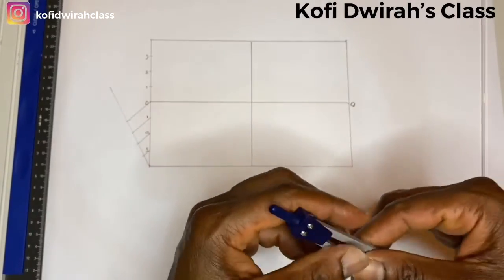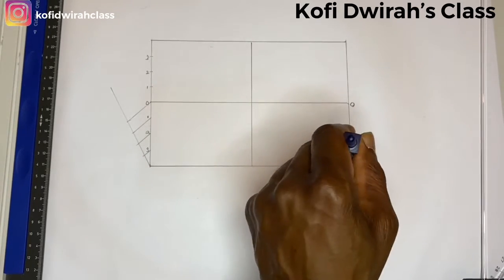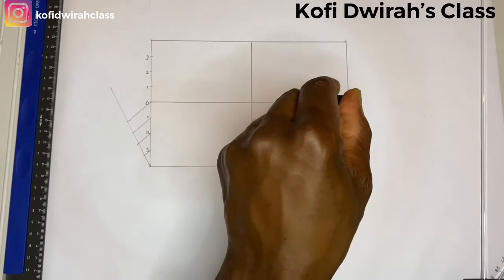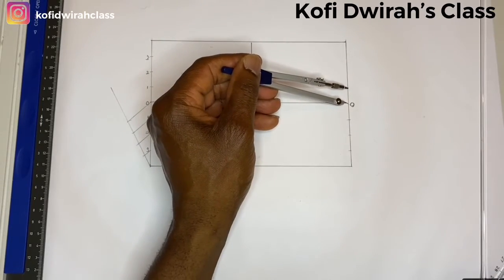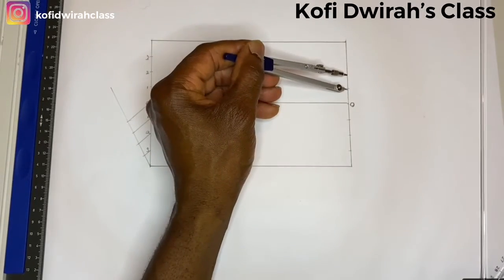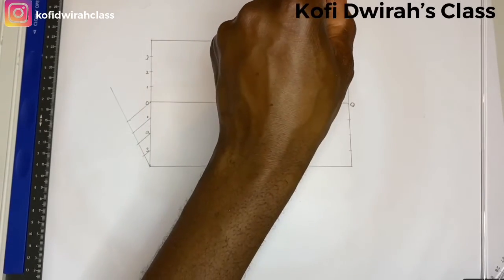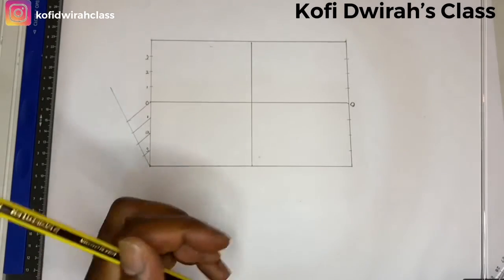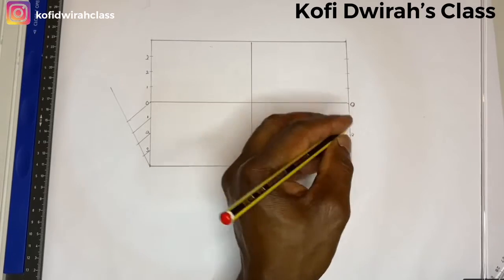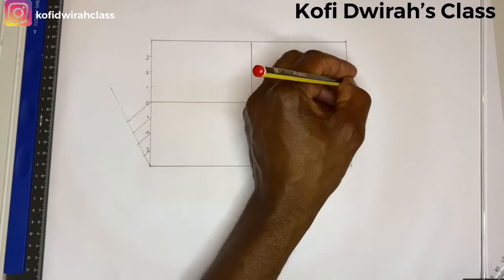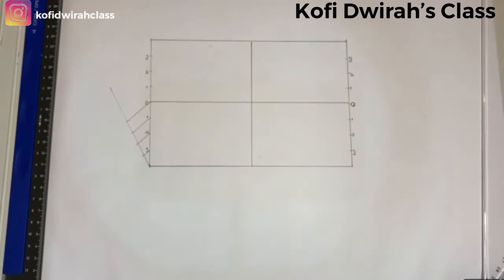It is the same here, and here as well. Good. So we have 1, 2, 3, and here we have 1, 2, 3.